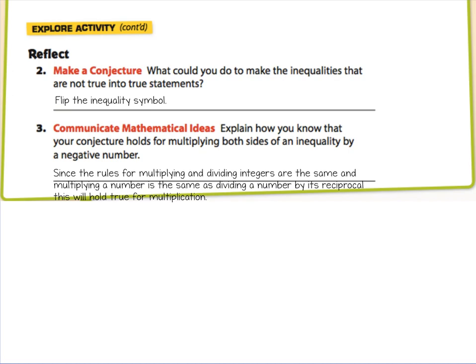All right. So since the rules are the same for integer multiplication and division, and since multiplying is the same thing as dividing by the reciprocal, this will work.